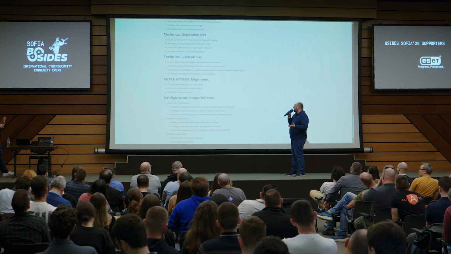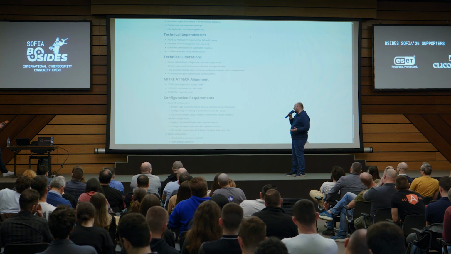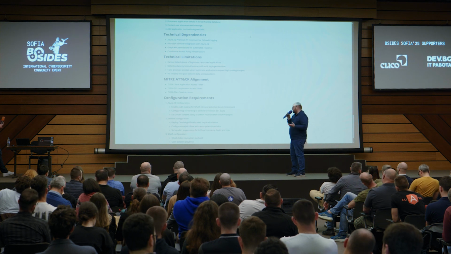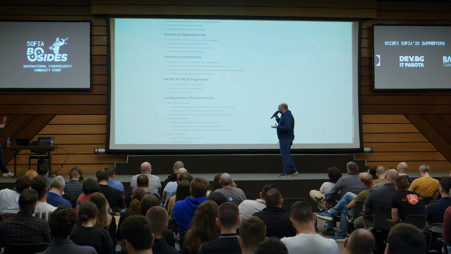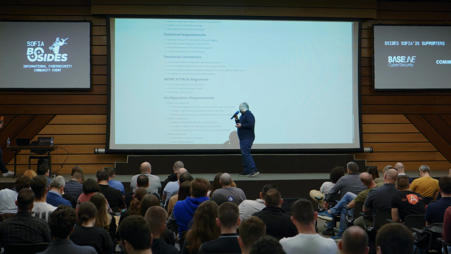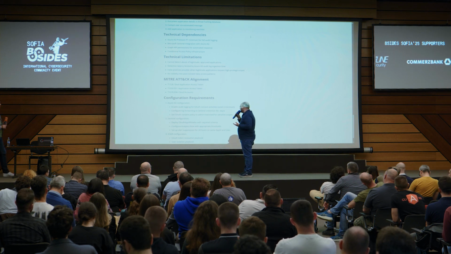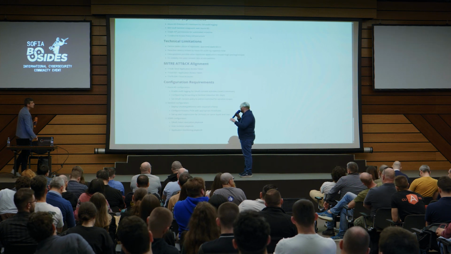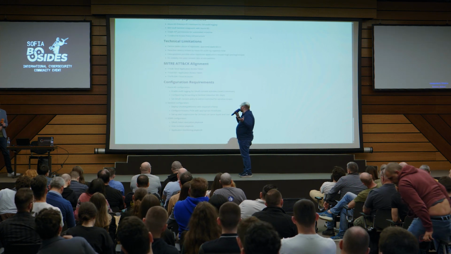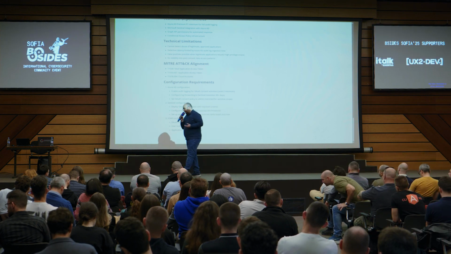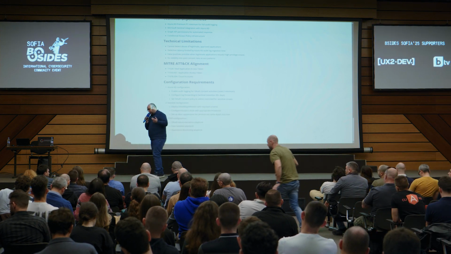And if new threats arise, you can use the mapping to refer to your current detections, and maybe you can just tweak one to go after the new threat. You've got your configuration requirements, basically what you need to configure in order for this to work. And that's it. That's basically a skeleton of a use case for detection, or how it would look if I do it.